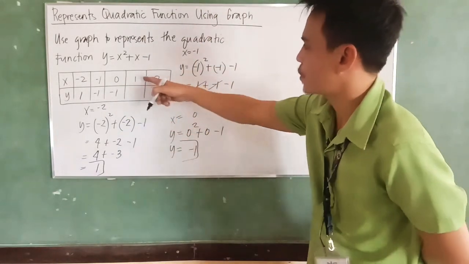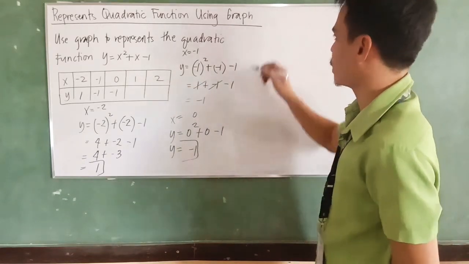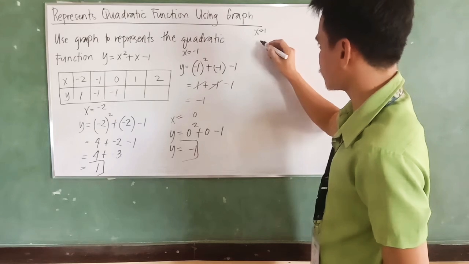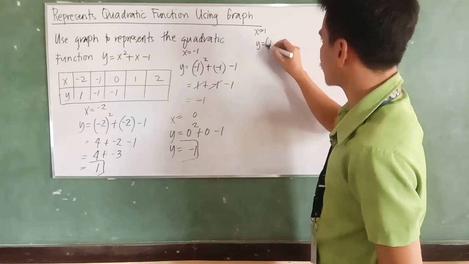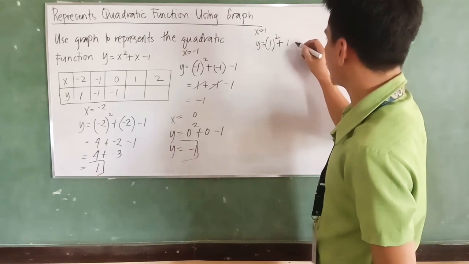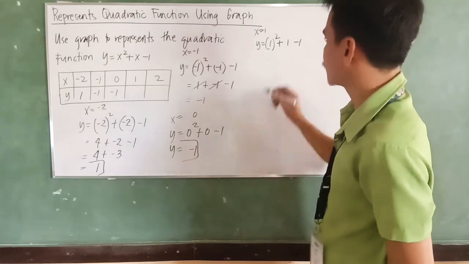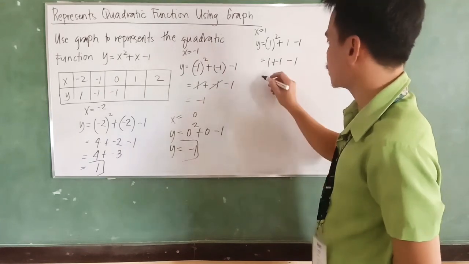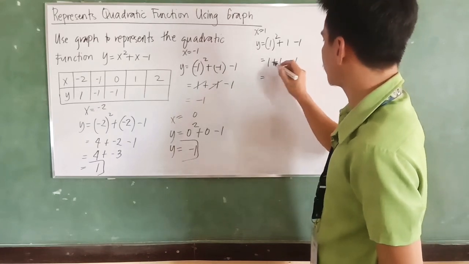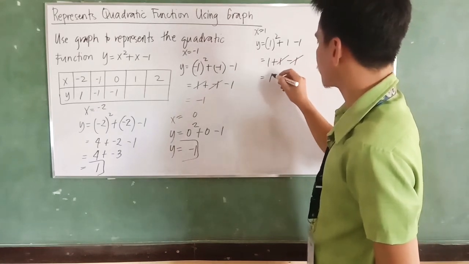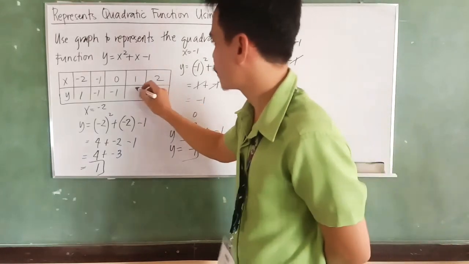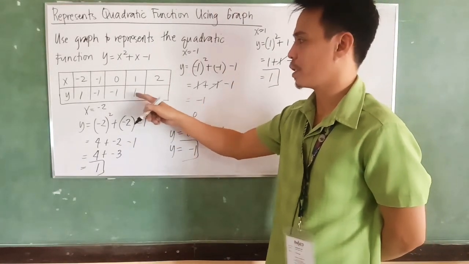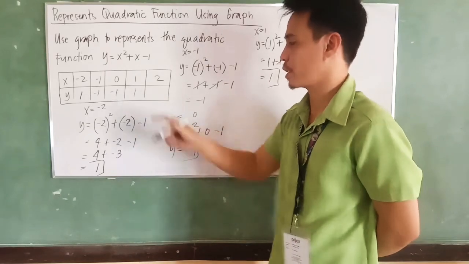So solving for y when your x is 1, so therefore this is y is equal to 1 squared plus 1 minus 1. So therefore this is 1 plus 1 minus 1. So therefore this is positive 1. When your x is positive 1, your y is also positive 1.